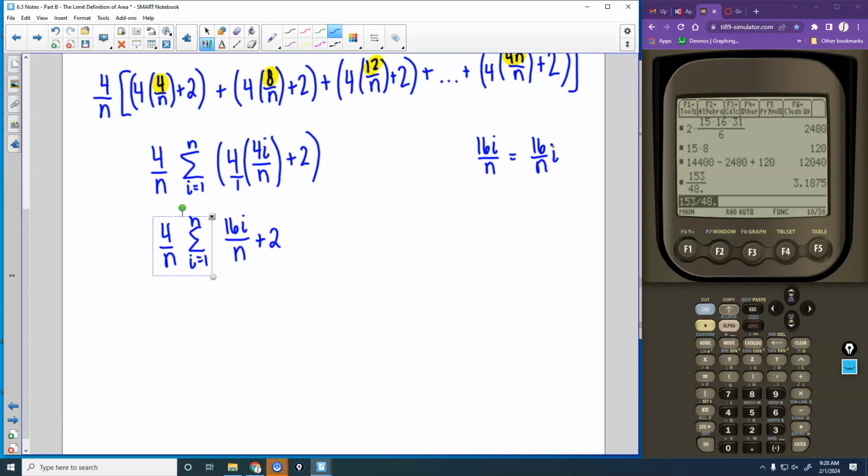And n is not our variable that is changing. i is the variable that is changing, our index. So that means that this 16 over n can be pulled out of the expression. We're going to keep the 4 over n out here, and keep brackets around this. Then we could write this as 16 over n times the sum from 1 to n of i plus the sum from 1 to n of 2.